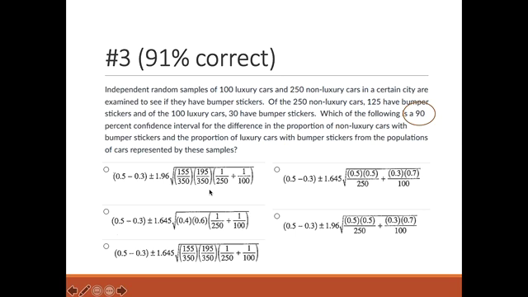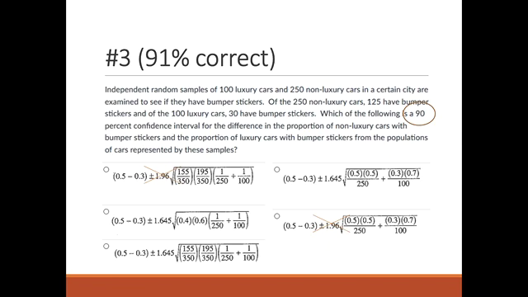So the first thing you can do is just go through and look for which questions have the correct critical value. So this is about capturing the difference between two population proportions. So this is about z-scores. I know for 90% confidence, the z-score is 1.645. I know the 1.96, those are for 95% confidence, so I can already eliminate those two answer choices.